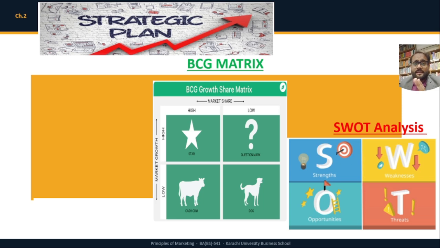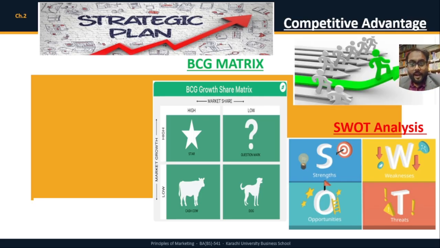Second is the BCG matrix: which products give the company profit, which products the company needs to improve, which products need heavy investment, and which products need low attention. So growing products and mid products; we are going to discuss all of this in the BCG matrix.